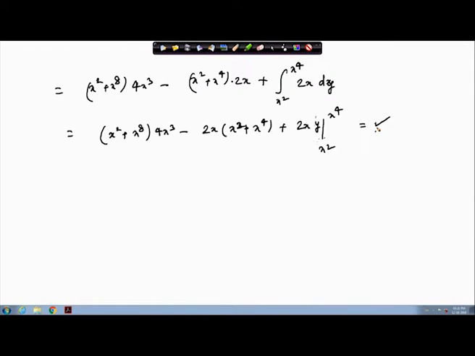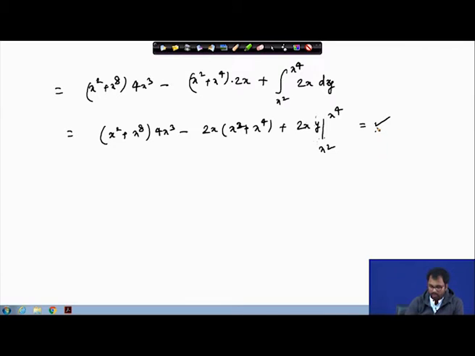So this is how we calculate the differentiation of an integral, and next we work out a few more examples just to get the concept a little bit more clear.